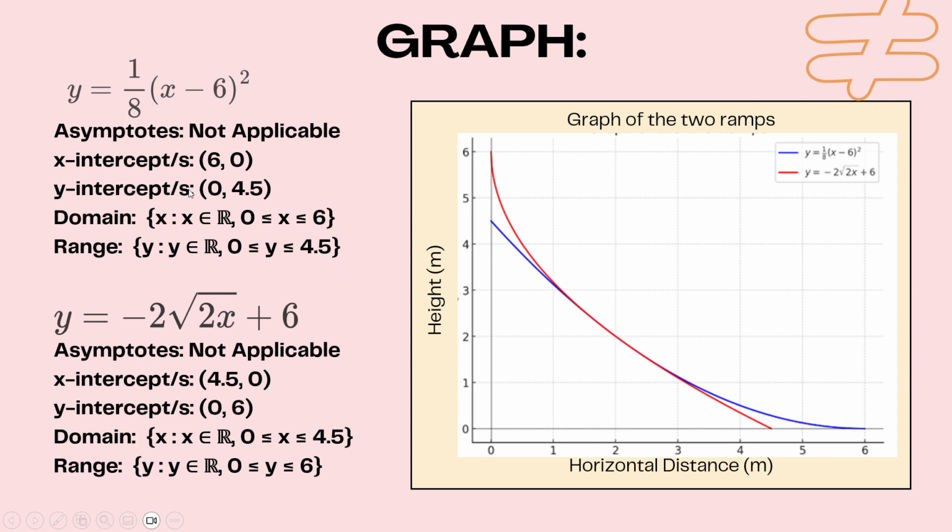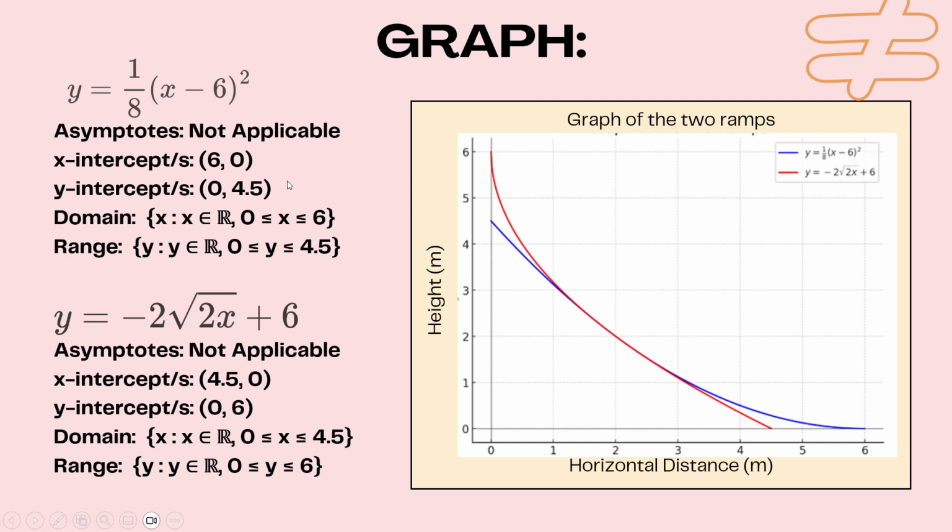The x-intercepts are where the two graphs touch the x-axis. To solve for the x-intercepts, we set y equal to 0 and solve for x. The y-intercepts are where the two graphs touch the y-axis. To solve for the y-intercepts, we set x equal to 0, then solve for y.